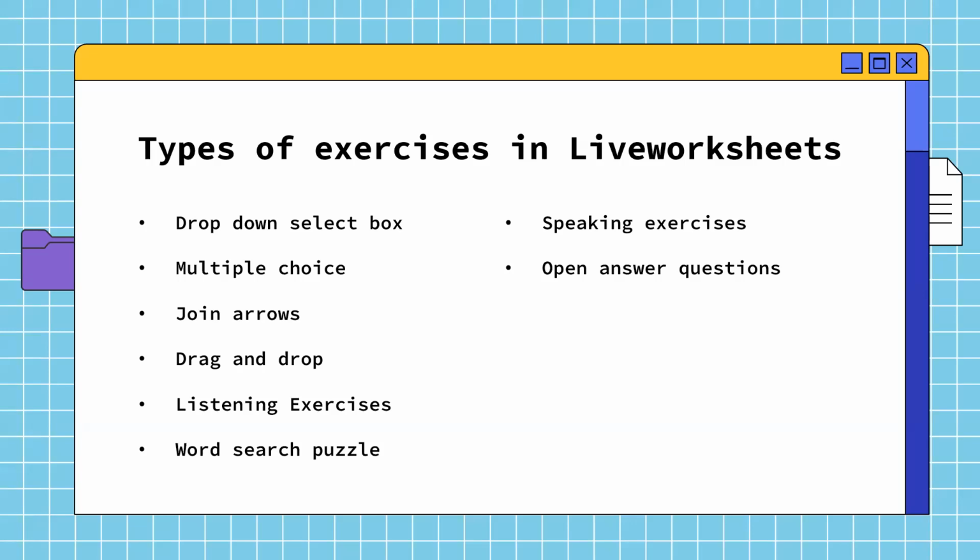But open answer questions cannot be self-corrected. For open answer questions, teachers still need to evaluate the students' work one by one because it's like an essay question. Every student will have different answers, so we don't know which answer is right or not if we do not look at them one by one.